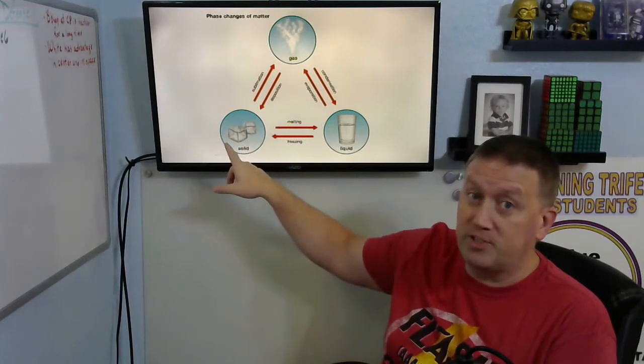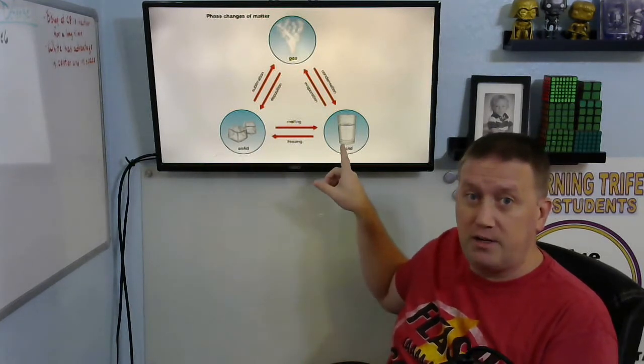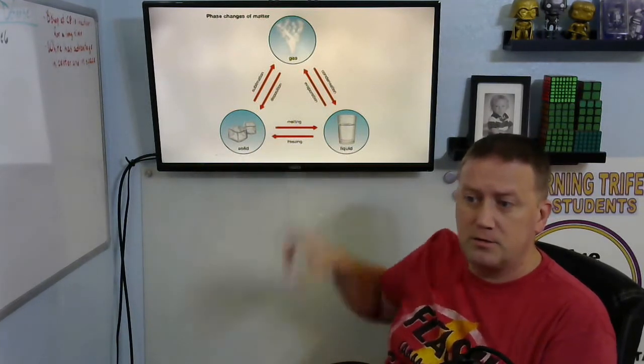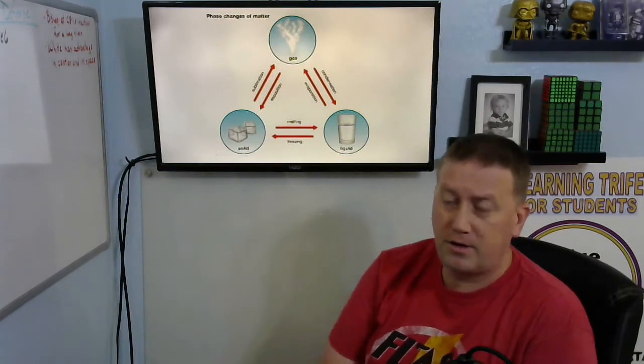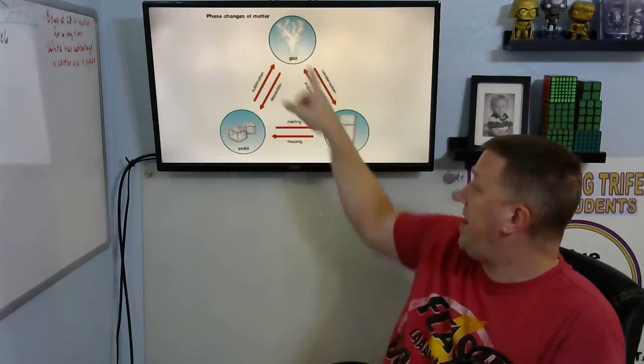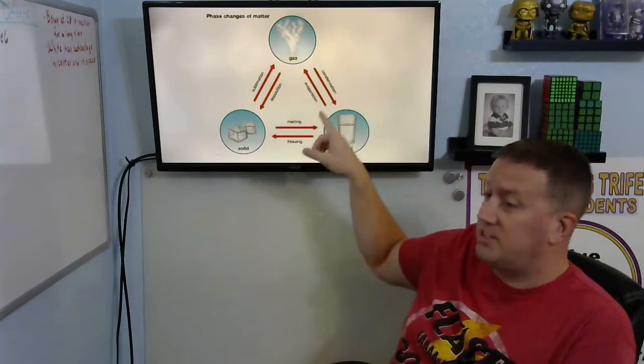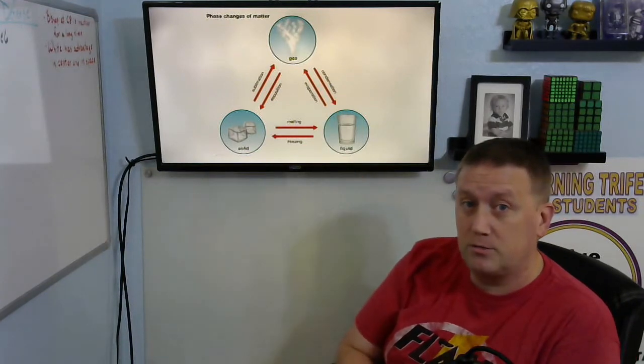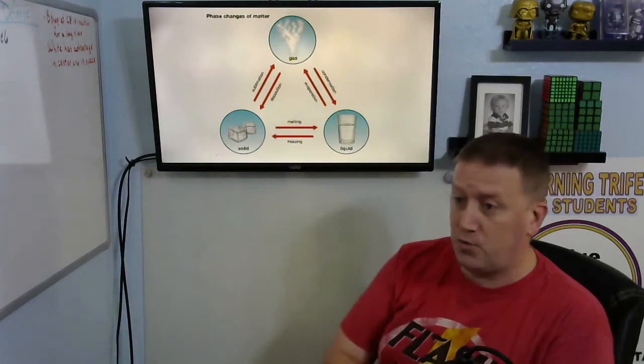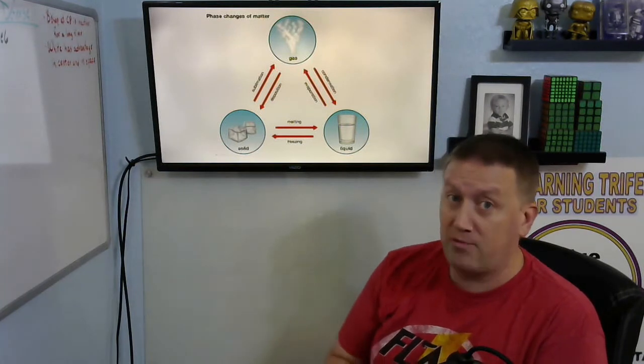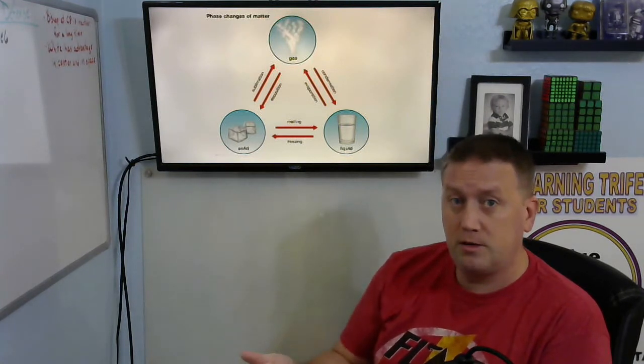When we're going from solid to liquid, that's melting. So with gas and liquid, we have condensation and evaporation. Between solid and liquid, we have melting and freezing.